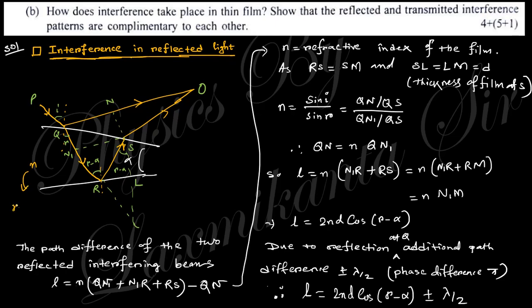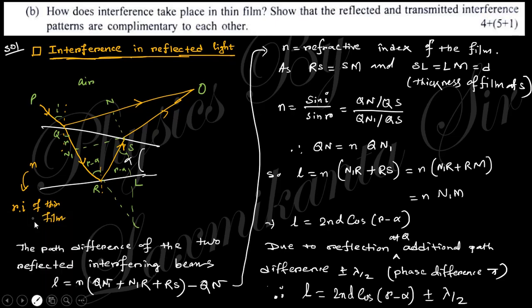N is the refractive index of the thin film. Then the optical path will be n times (QN1 plus N1R plus RS) minus QN. The light follows this path within the film medium, and this is the air medium.